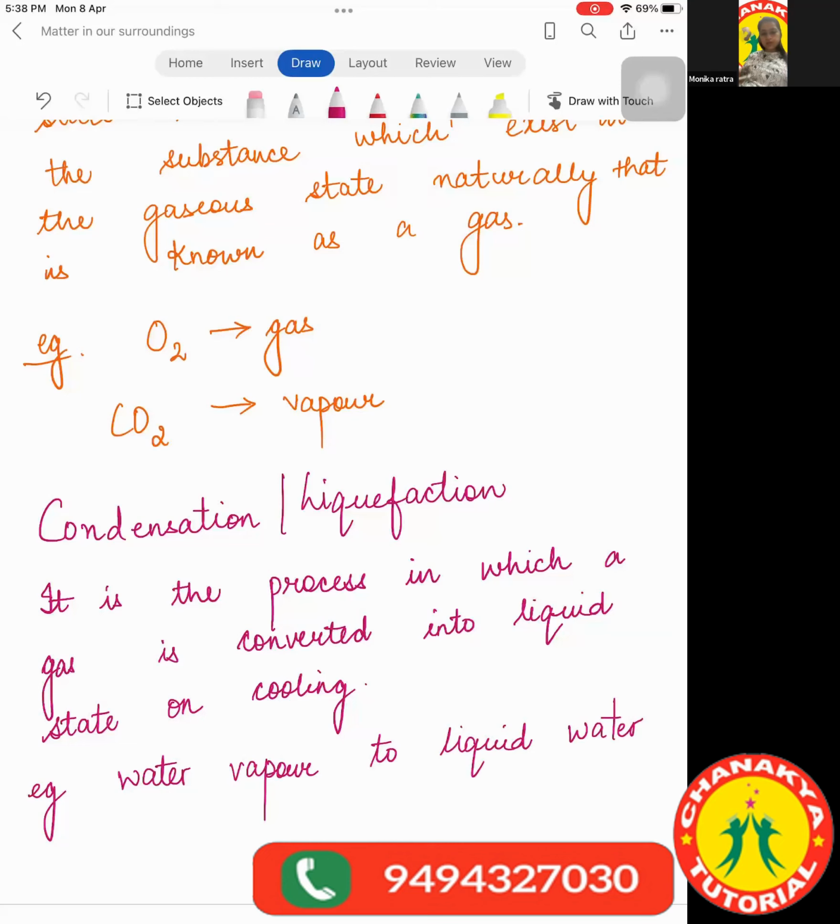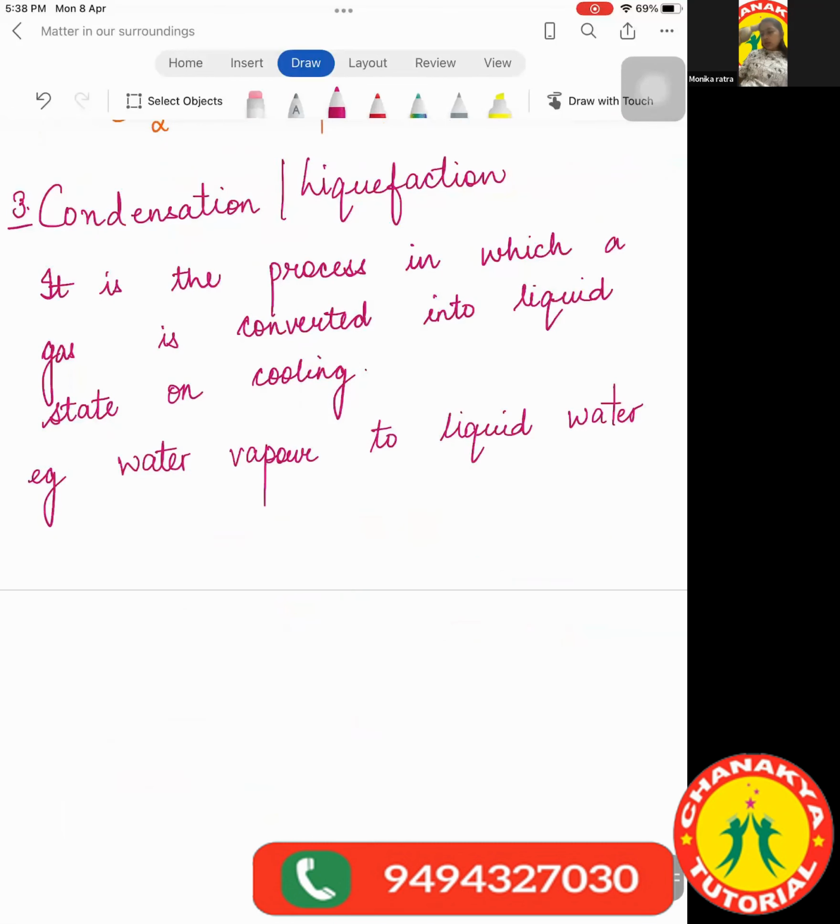Any doubts, children? That's the third one which we have studied. Then we have the fourth one, which is known as solidification or freezing. So what is this process?